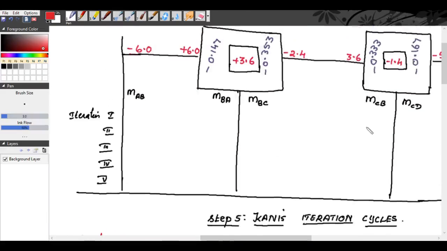We know MFC, the restrained moment, is minus 1.4.